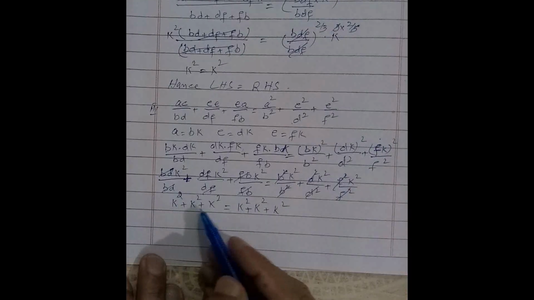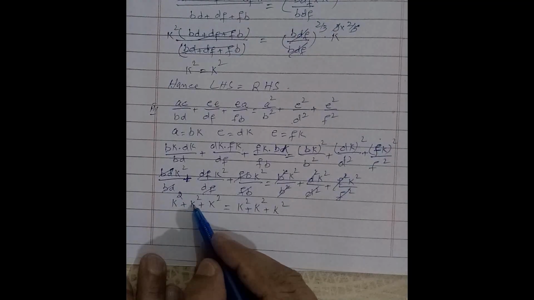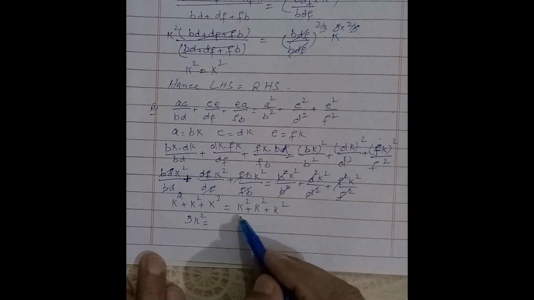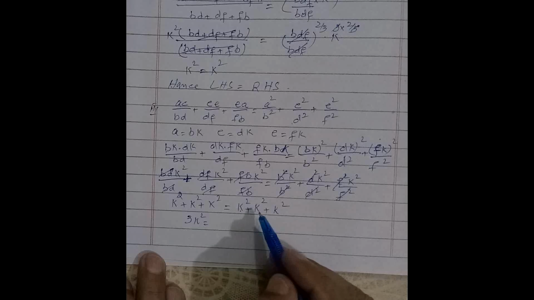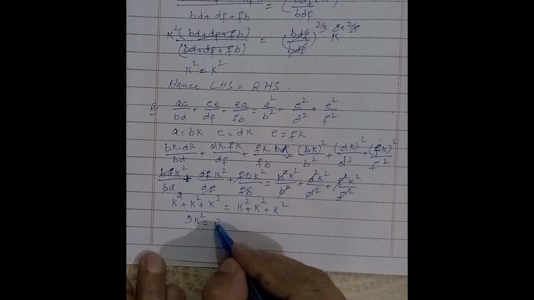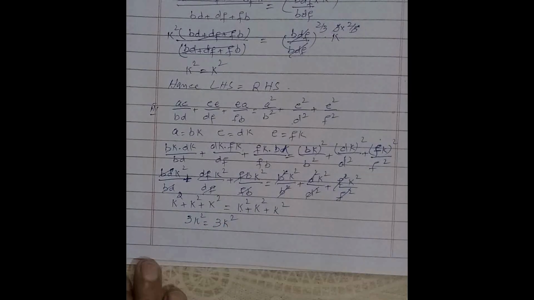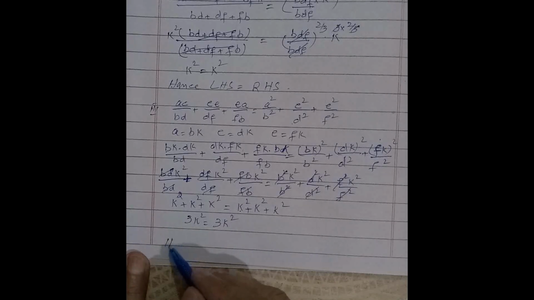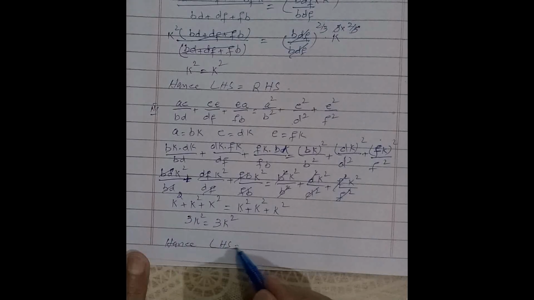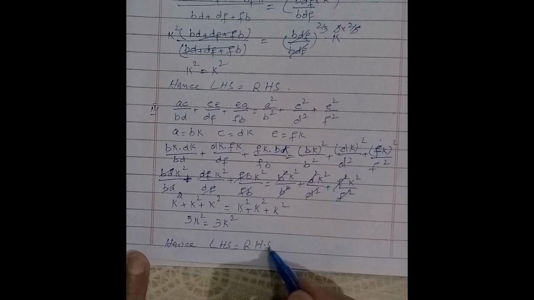Now when simplifying these values, we get 3k squared is equal to, on the right side also, 3k squared. The left hand side is equal to the right hand side, hence proved, left hand side is equal to right hand side.